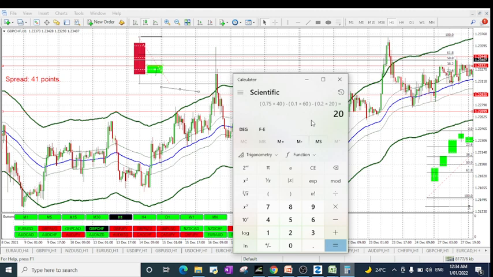For us to make money, anything above 30 pips is good because our probability is still 75%. So if we are risking 40 pips to make 26, that's extremely good.